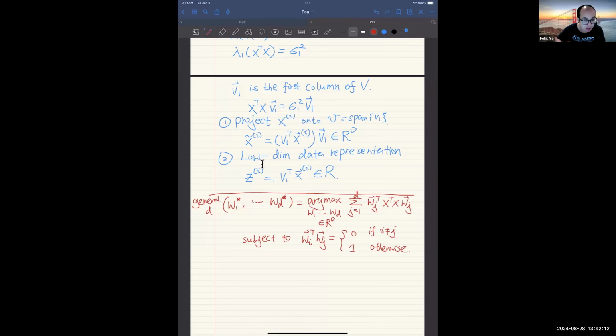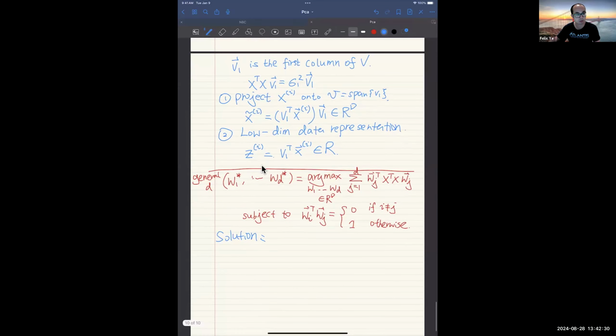The solution for this is that the principal component Wj is nothing but Vj, with j from 1 to d.